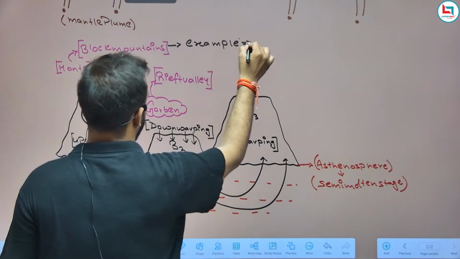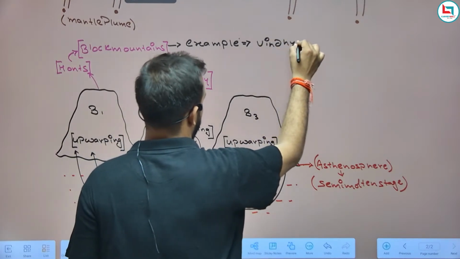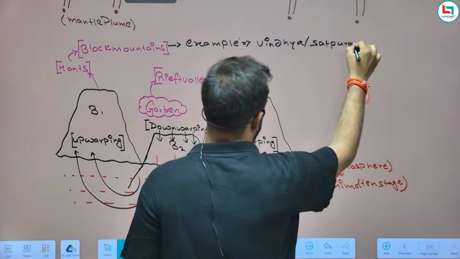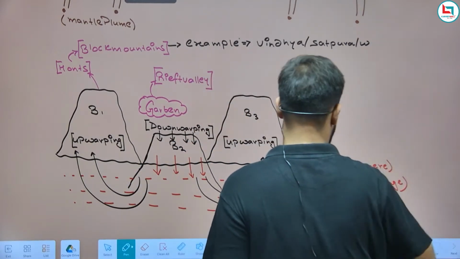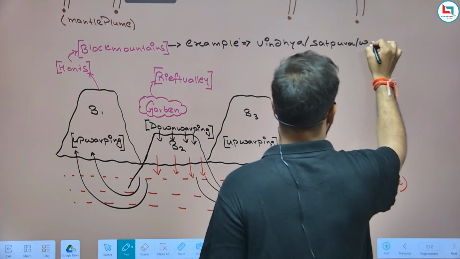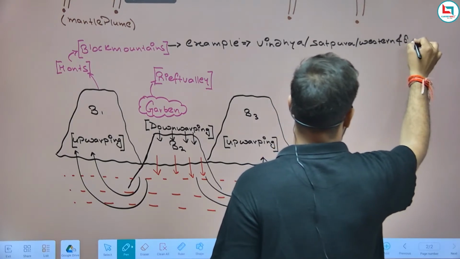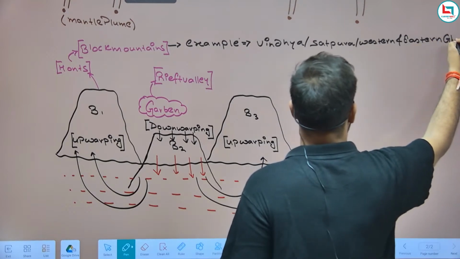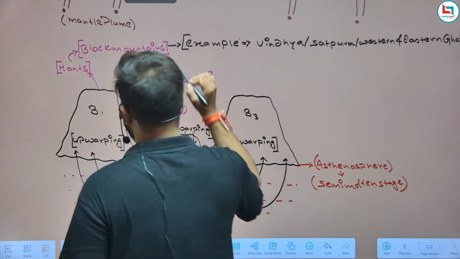Examples: Vindhya, Satpura, Western and Eastern Ghats. Okay, so these are the examples.